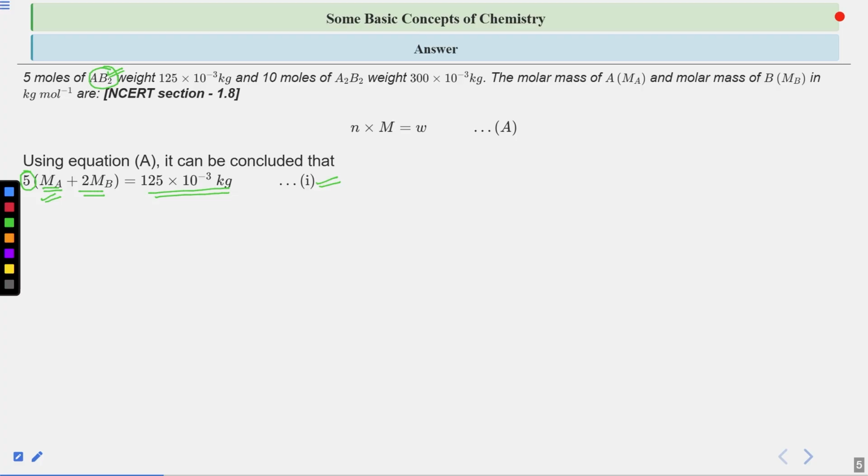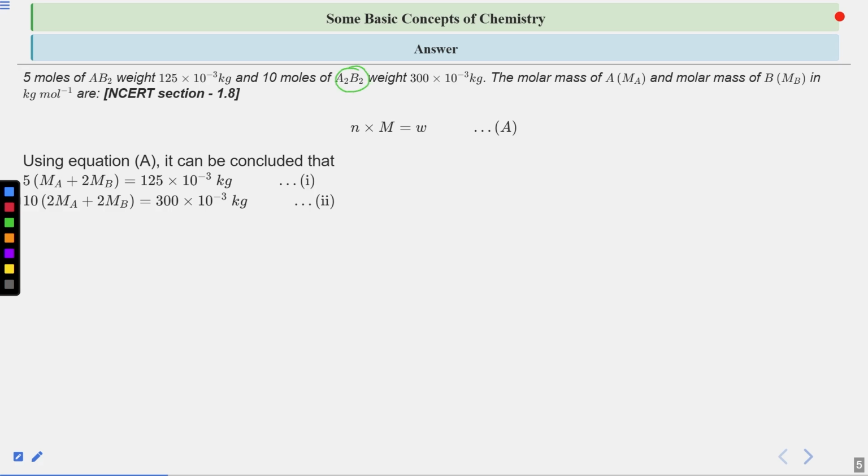So 5 multiplied by the molar mass of 1 mole. Obviously, we will multiply the 5 with this to get our first equation. Similarly, it is also written that 10 moles of this A2B2 has a weight of 300 into 10 to the power minus 3 kg. So what will be the molar mass of A2B2 first of all?